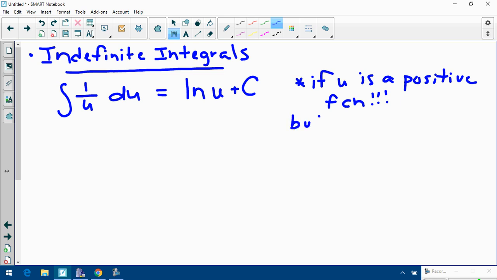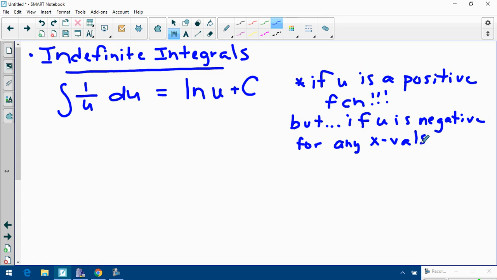So, but if u is negative for any x values, we must negate it.